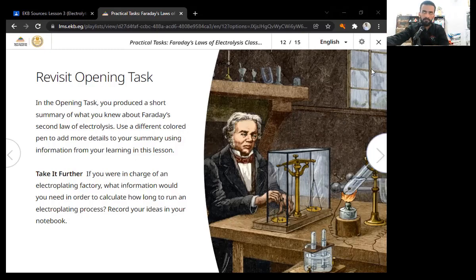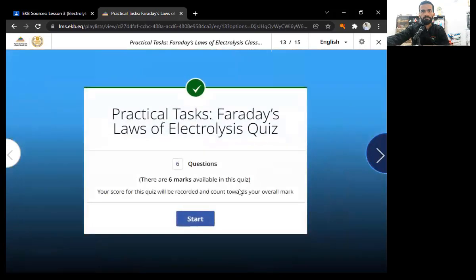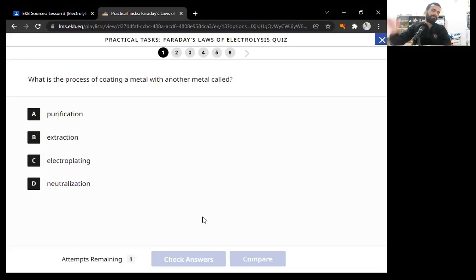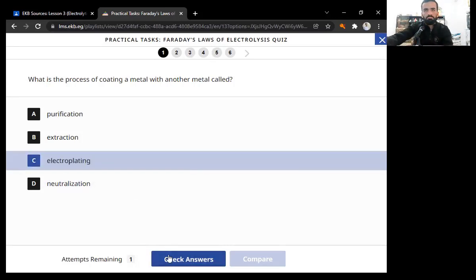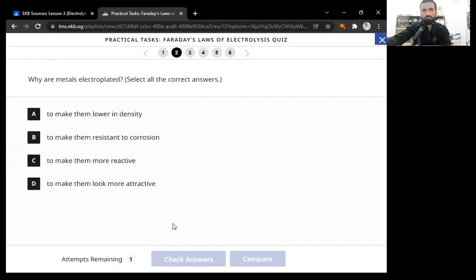Liberated. Wait. Plating. Resistant corrosion.